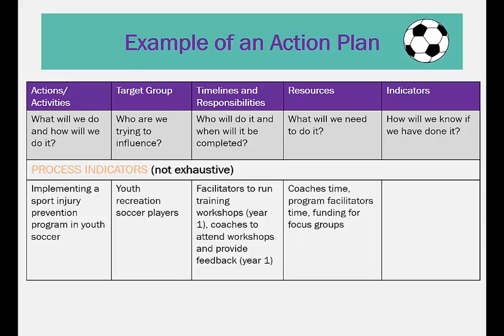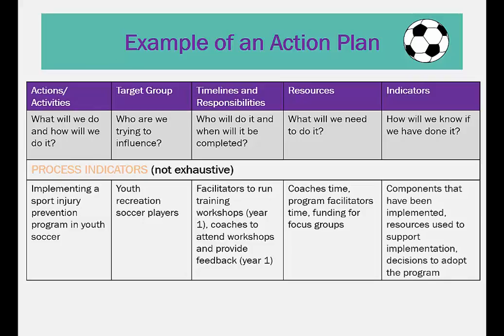Resources. The resources needed are the coach's time, the program facilitator's time, and funding for focus groups. Indicators. The indicators of completion will be the components that have been implemented, the resources used to support implementation, and the decision to adopt the program.